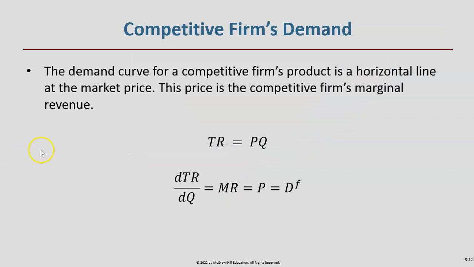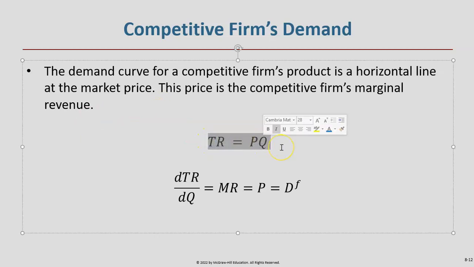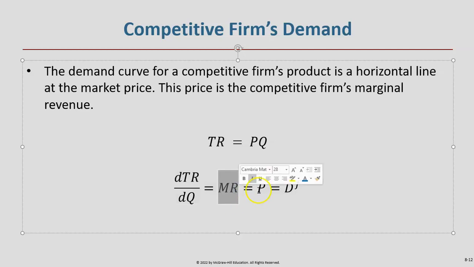framework. Okay, so the math behind the straight line total revenue function in figure 8-2 is that total revenue is just the product of price and quantity, and then the first derivative of the total revenue function, the change in total revenue divided by the change in quantity, is marginal revenue, and that is the market price.